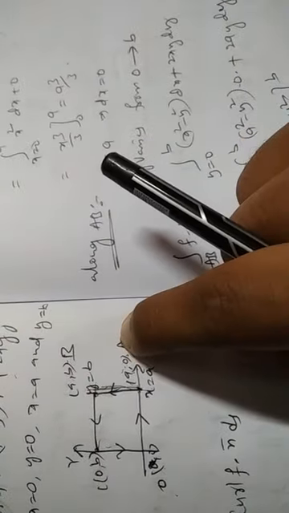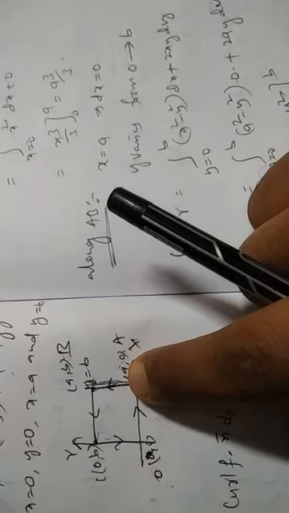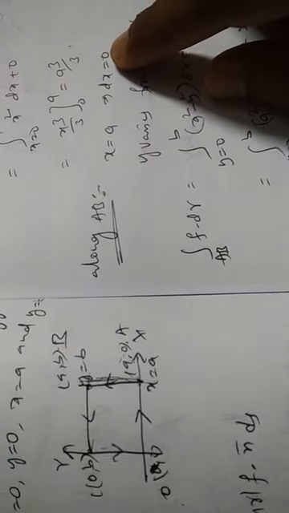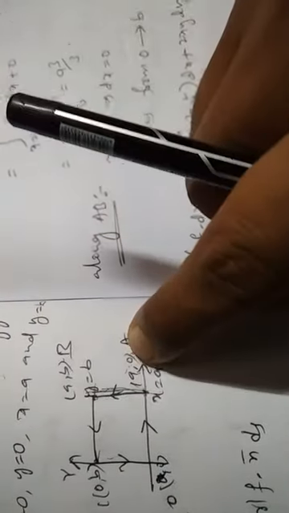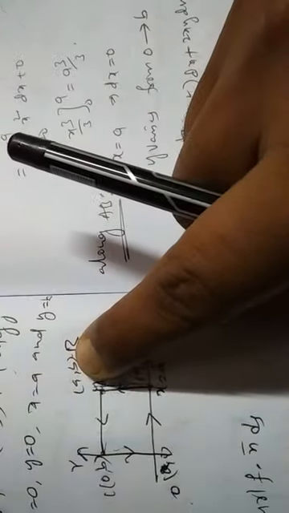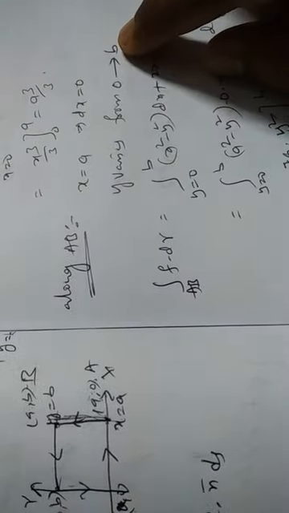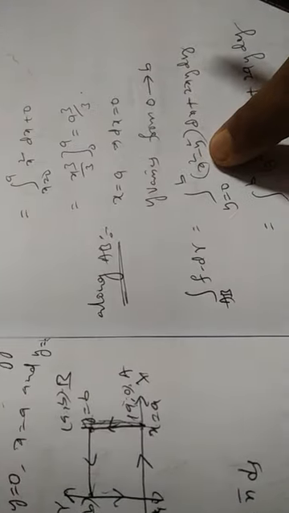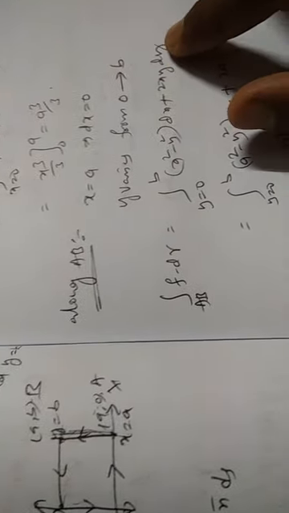Now along AB. The line equation is x equal to a, so dx is 0, and y varies from 0 to b. The integral over AB of F dot dr equals the integral from y equals 0 to b of (x square minus y square) dx plus 2xy dy.